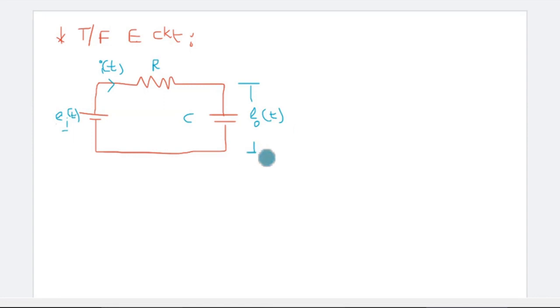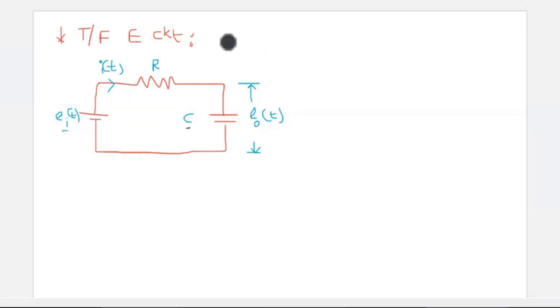For this network, we have to find out the transfer function. It is a simple series RC network, with current I of t and input energy source Ei of t, and the output voltage is measured across the capacitor.